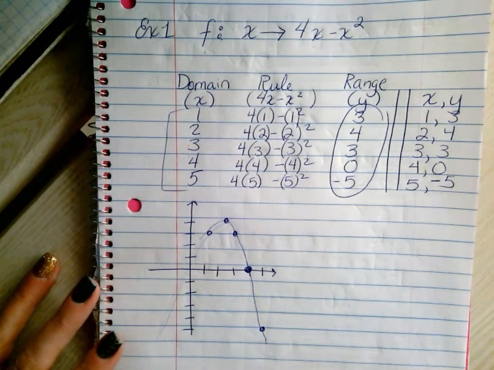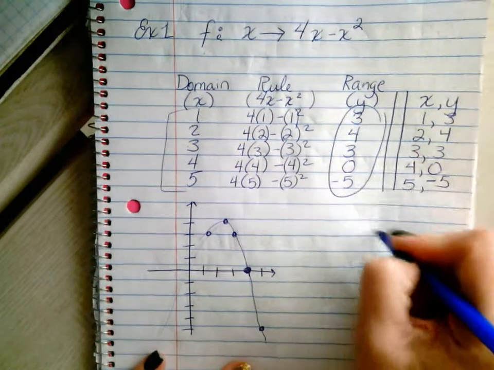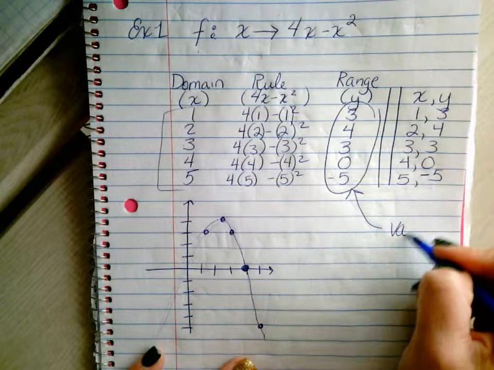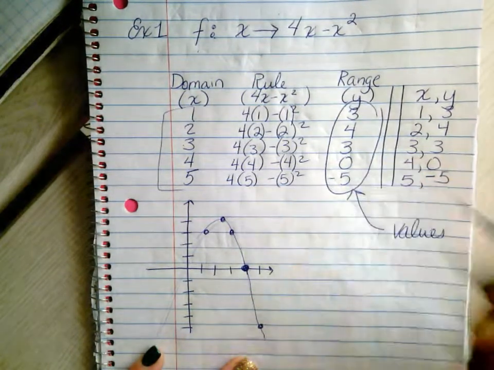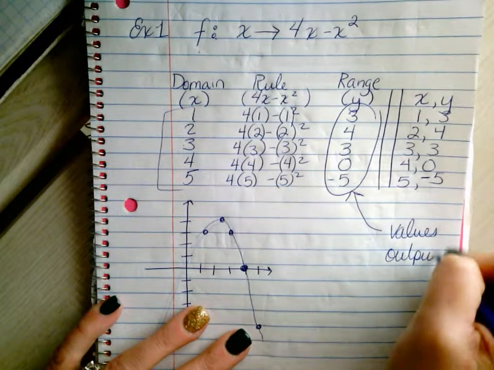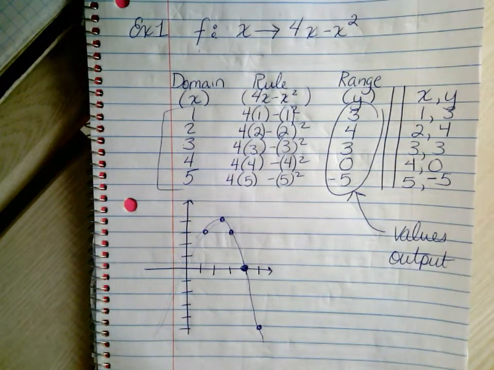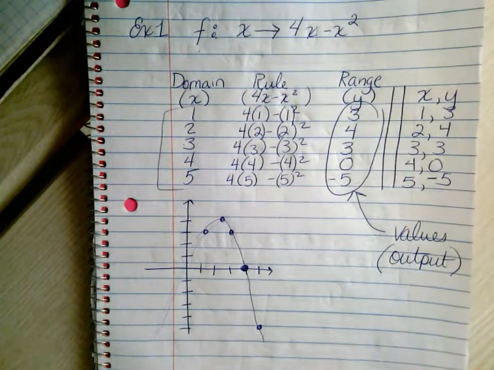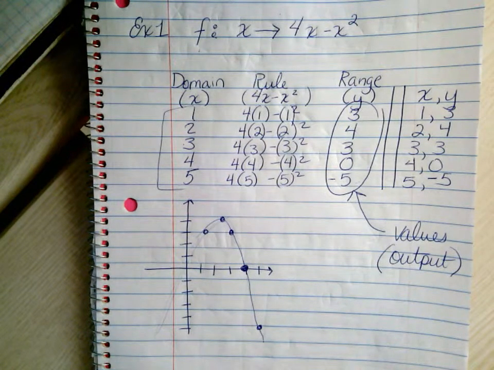So the values of a function are the members of the range. I also like to think of them as output, okay? Those are the values, all right? Let's see.